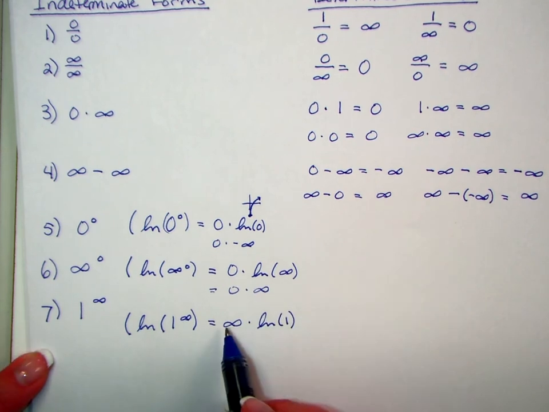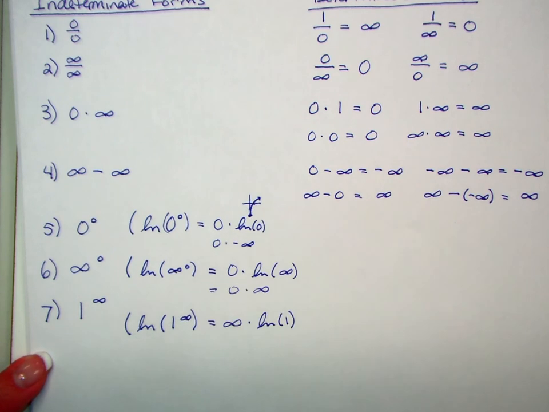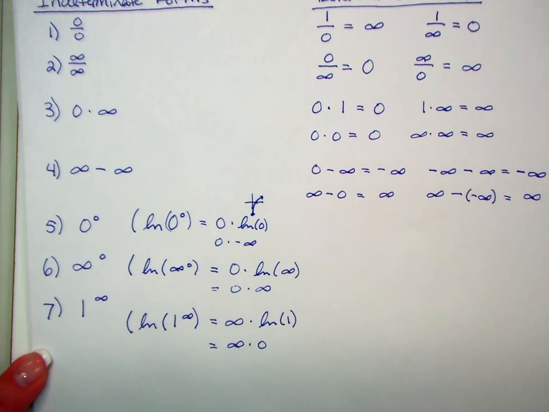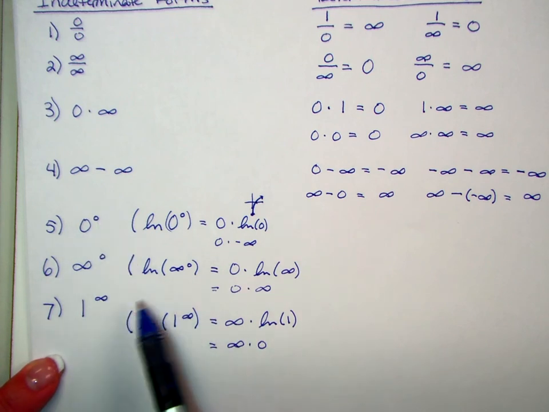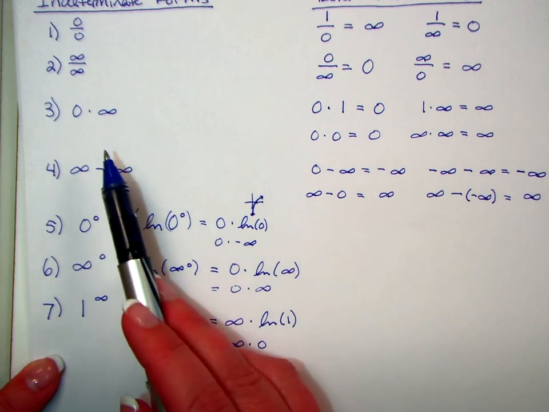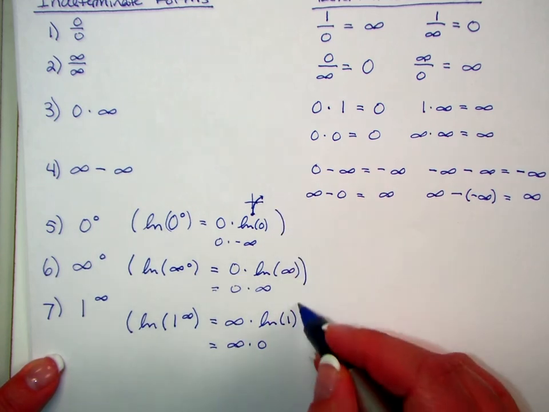Ln of 1 is the x intercept there. Ln of 1 is 0. So we're going to get infinity times 0, which, lo and behold, is another indeterminate product. So all three of these powers, when ln is applied, become an indeterminate product. So that's how we're going to keep those straight.